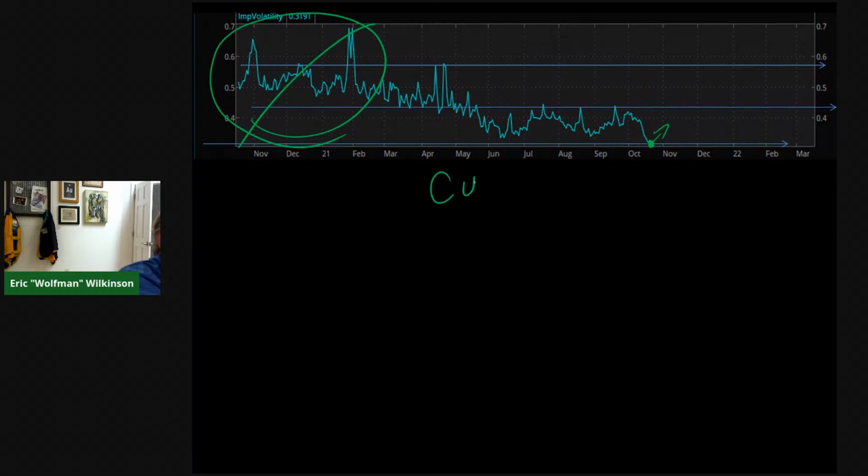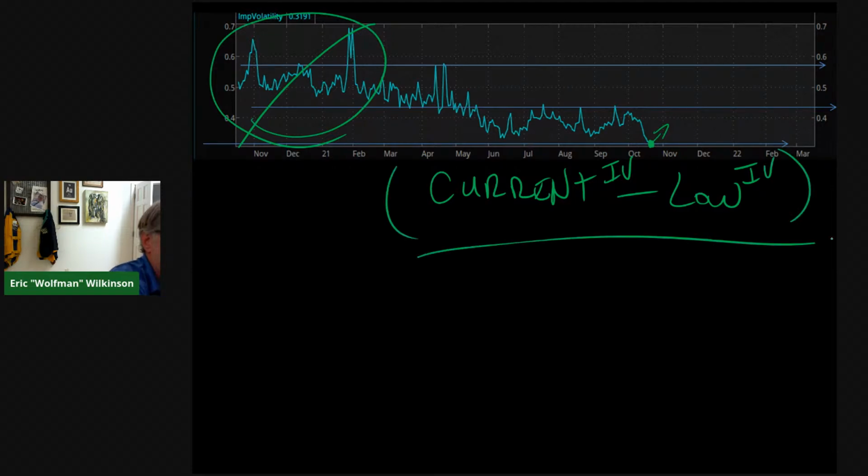But what we do is take the current implied volatility, current IV minus the low IV, and really all we're trying to do is get where we currently are off of the low. And then we take that and divide it by the high minus the low. Sorry if I'm screaming in your ears right now. I've got a mic right in front of my face.